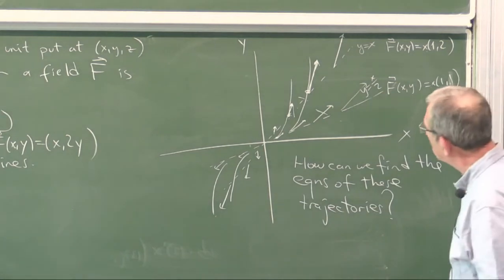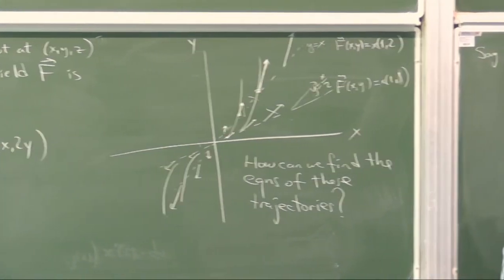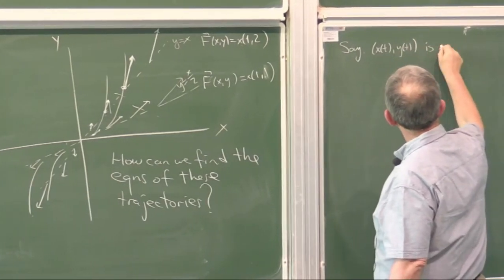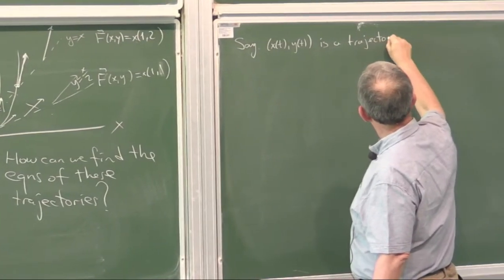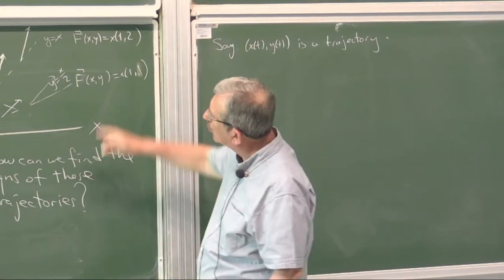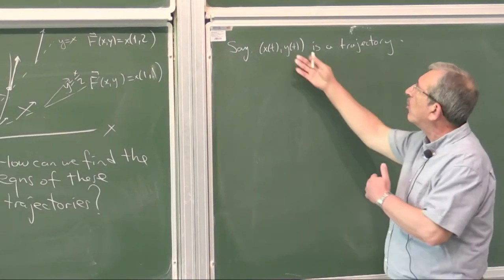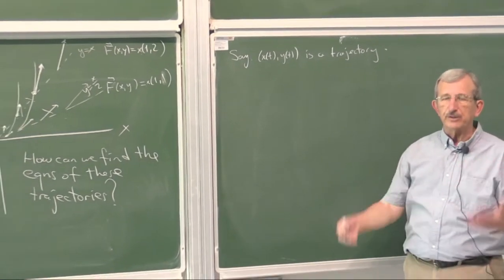Say x(t), y(t) is a trajectory, which means that the point we put at the point x(t), y(t) will move according to this scheme as t increases.